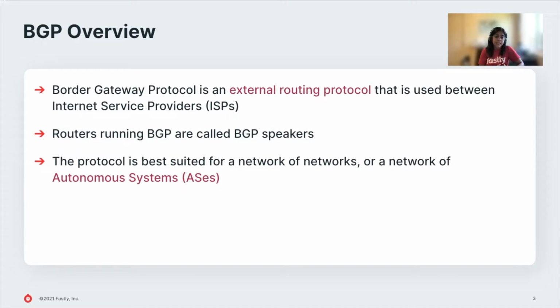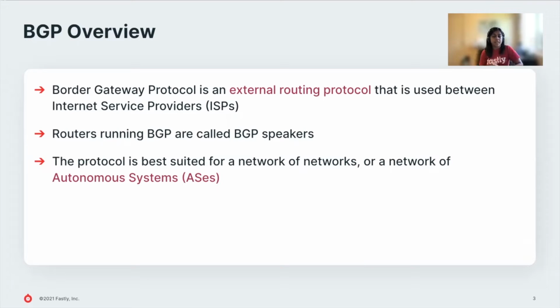The routers that talk BGP are also known as BGP speakers. This protocol is best suited for a network of networks, if you will. You have many networks that are connected with one another, and it's best suited for routing between these networks.